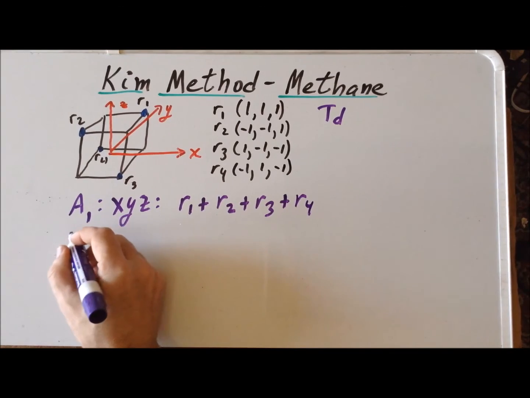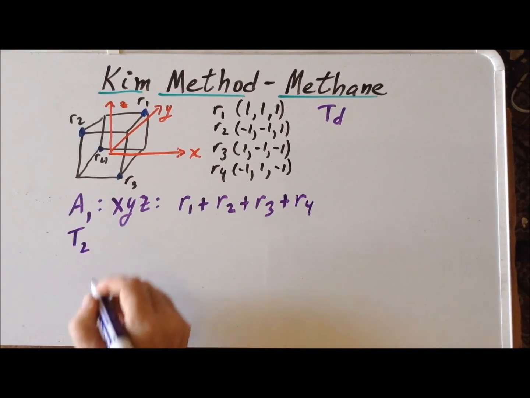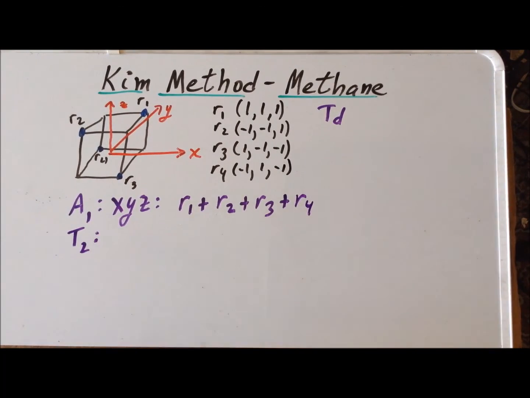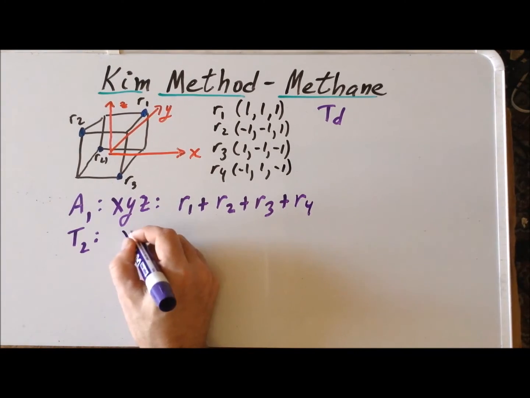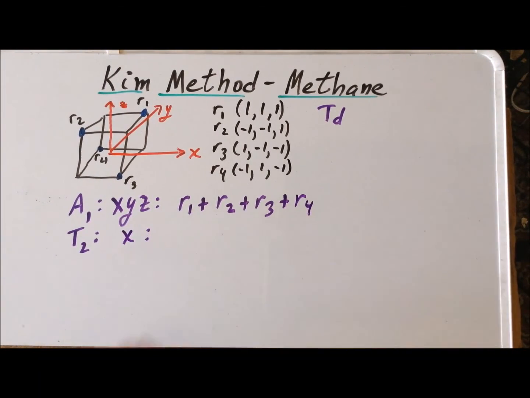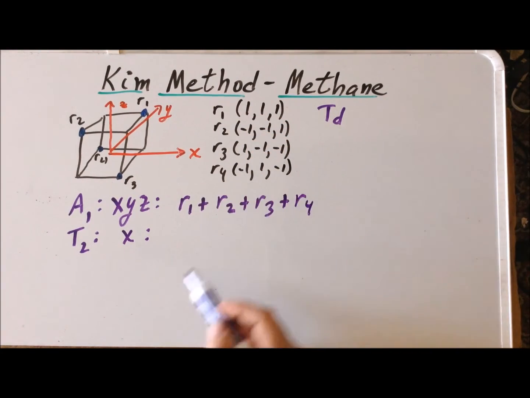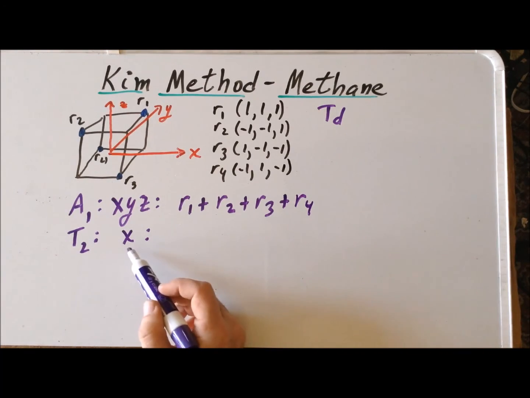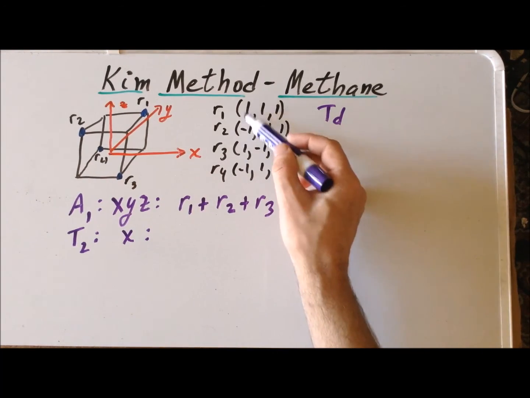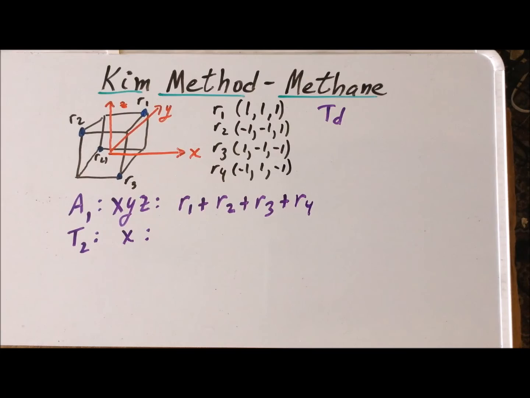Next we have the T2 function, and this is a triply degenerate function which has 3 different basis functions, x, y, and z. So let's first apply the x basis function. This tells us that the coefficient for the individual vectors to make up the whole vibration, we get by evaluating this function using the coordinates that we have given each of the points.